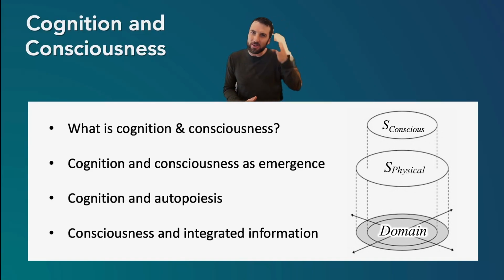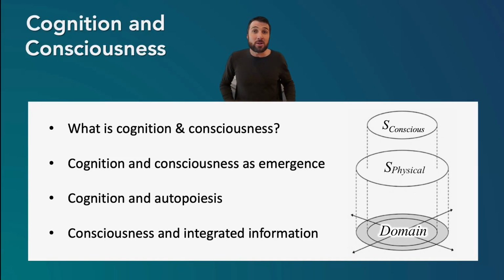So this graph here shows there's a domain and then physical systems, and then what emerges from that would be subsystems of those physical systems that could have the effect of conscious systems. Consciousness and cognition should be an emergent effect within physical systems.